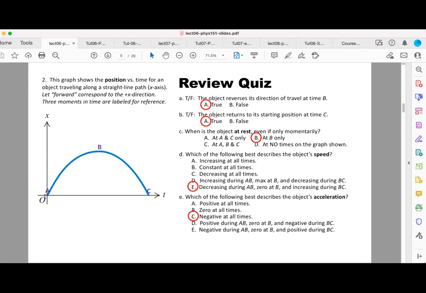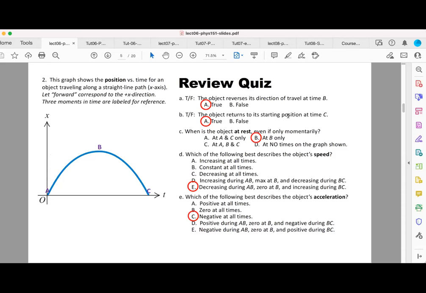It starts at the origin, at time A, at point A. Then while the time passes, we go to B, and then it goes back to point C. The object reverses its direction of travel at time B. Yes, we see that it goes in this direction, gets to XB, let's call it, and then as time passes it goes back toward the origin point. So yes, it reverses its direction.